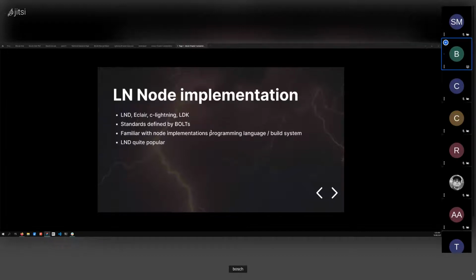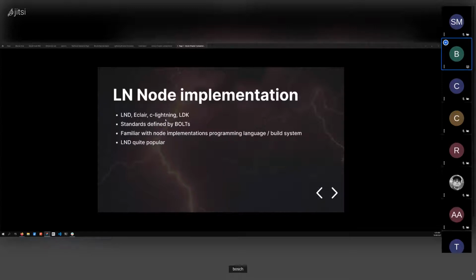But primarily, I think most Lightning Network nodes use LND. I was trying to find some statistics on this, but it seems it's pretty hard to get that. But from what I figured, LND is probably the most popular. So if you're not that experienced, I'll just focus on LND based Lightning Network nodes.